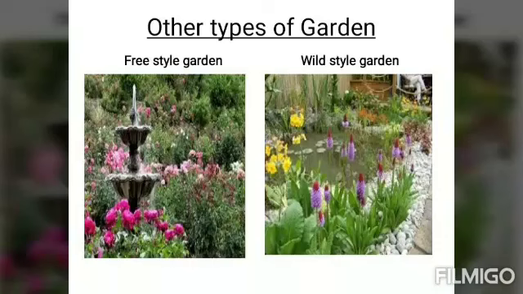Now we'll discuss the other types of gardening, that is the freestyle gardening and the wild style gardening. So freestyle gardening is a combination of both formal and informal gardening, okay. You combine both styles, the formal and informal. Why?